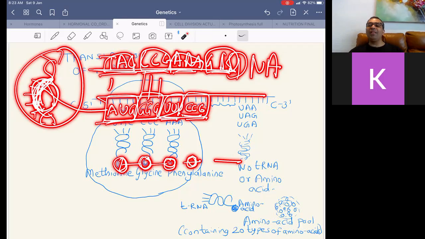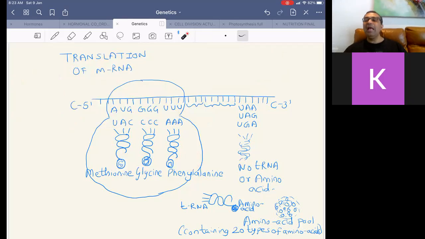So gene number 11,111 has undergone transcription to form mRNA, and mRNA has undergone translation to form a protein.